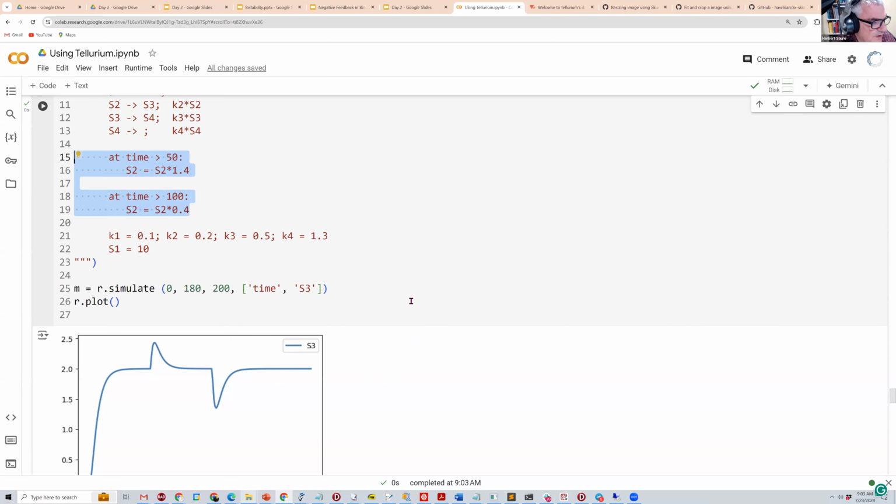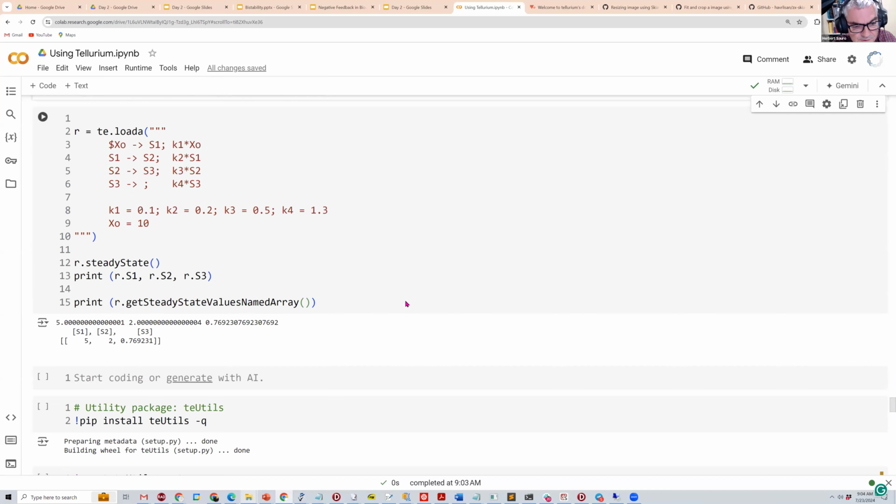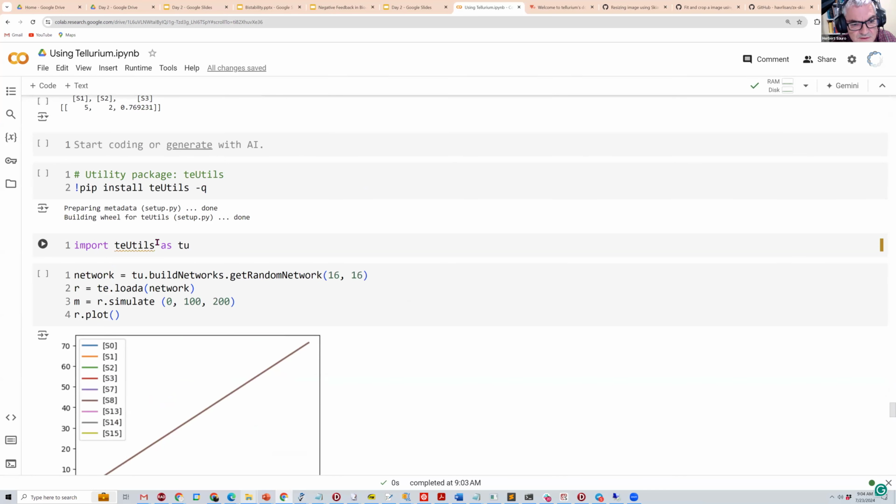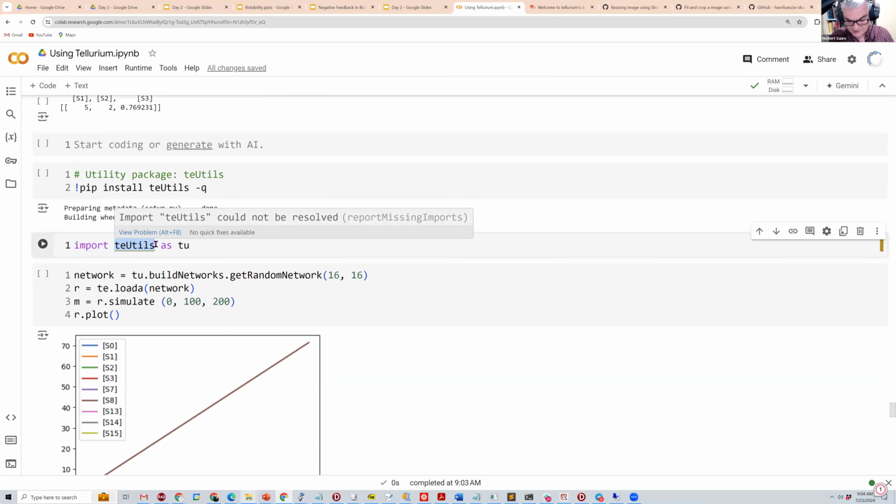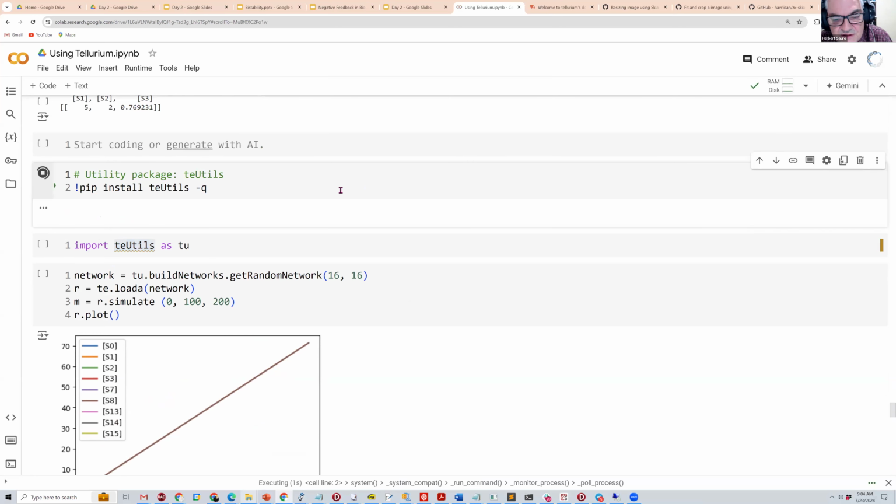I just want to mention one other thing before we leave. So I've written a bunch of utilities in a package called TEUtils. This is for my own purpose, but it's available to everybody. And I keep expanding it. You can get it by doing a pip install teUtils.